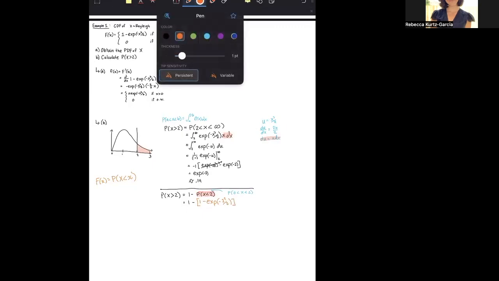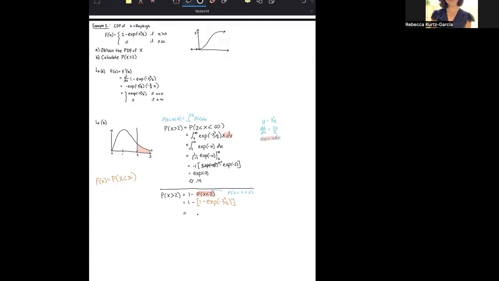Then simplifying, the 1's cancel out, the negatives also cancel out and turn into a positive, and it just becomes e to the power of negative 2 squared over 2. We have 4, so we get negative 2 again, and we still get about 0.14 approximately. So oftentimes there's a nice little trick like this in the background that you can use.